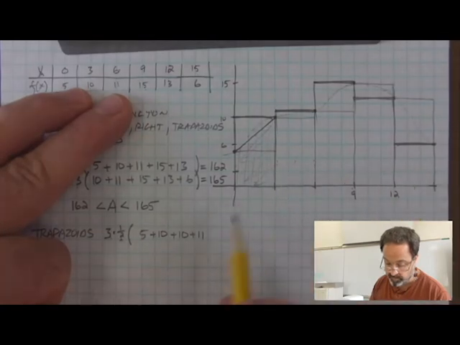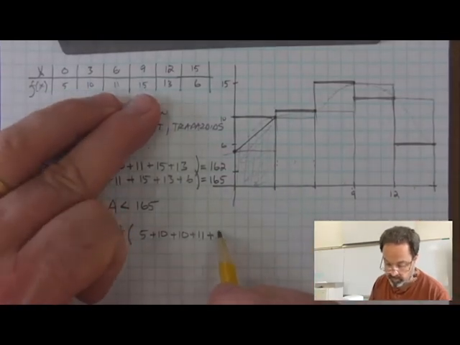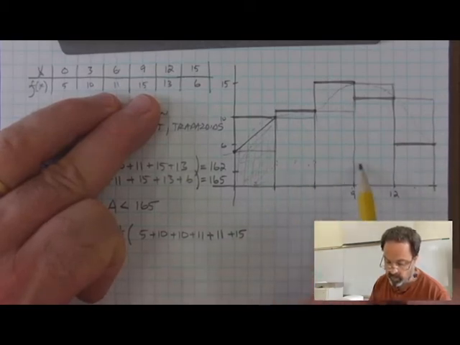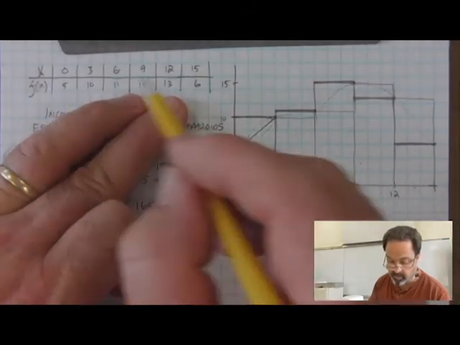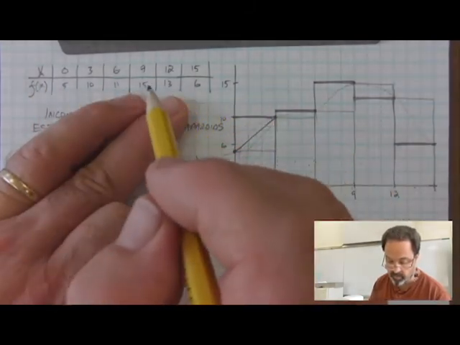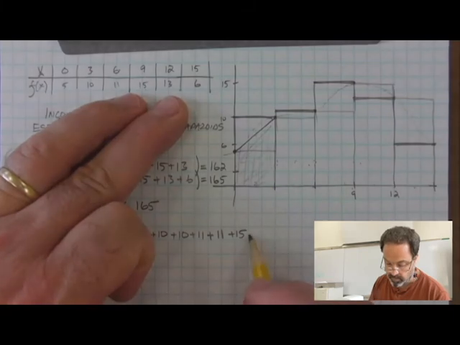So to complete this expression, what I need to do is simply continue to add the two sides of every trapezoid. And notice that the inside data in the table, each one that's on the inside, is going to be used twice in that sum.